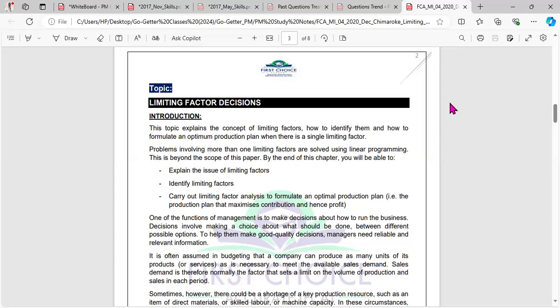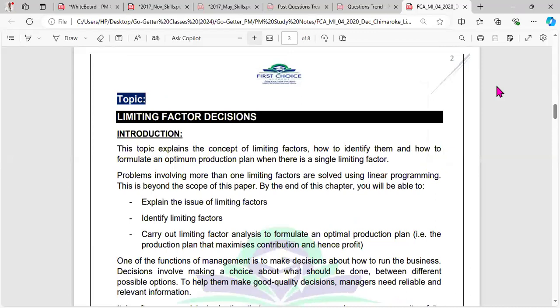But now, looking at it from the performance management aspect, they are those factors that will limit our optimal production, those factors that will limit how much we are going to produce.